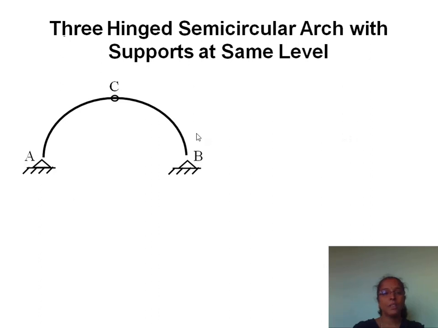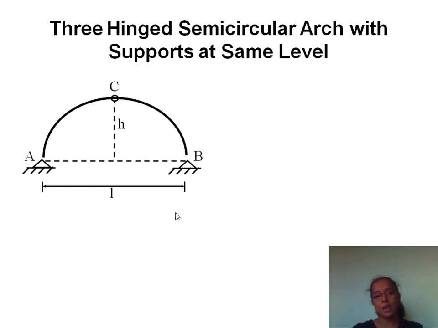So let ABC be the springing level and C be the crown. Let L be the span of the semicircular arch. Let H be the rise of the arch. So if you complete the circle with O as the center and ABC forms the semicircle of the circle, let R be the radius of the semicircle, or let R be the radius of this circle.